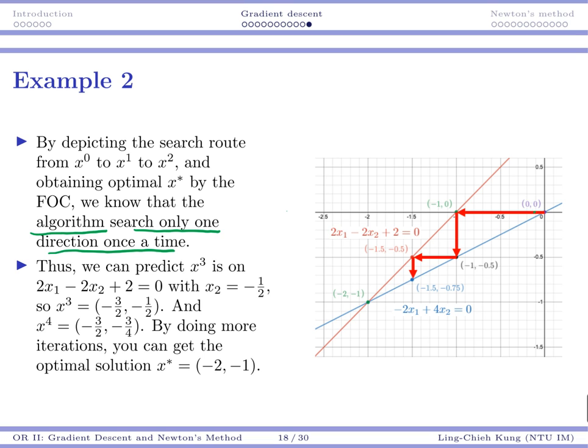We may actually predict that x3 must be on this particular line. So it must be -1.5, -0.5. Also x4 must be here, x5 must be here, x6 must be here, x7, x8. Eventually, you will really get to your optimal solution, your desired intersection. So here, I tried to show you some properties of your gradient descent search.